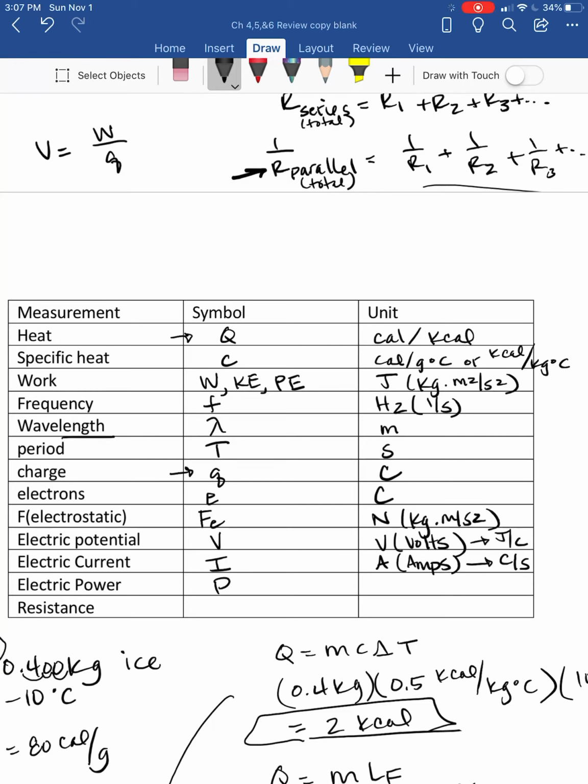Power is still a P like it was back in chapter 3. And power is measured in watts, which is a joule per second. Resistance is just an R, and it has a funny looking hat symbol, which is an ohm. It's a volt per amp.